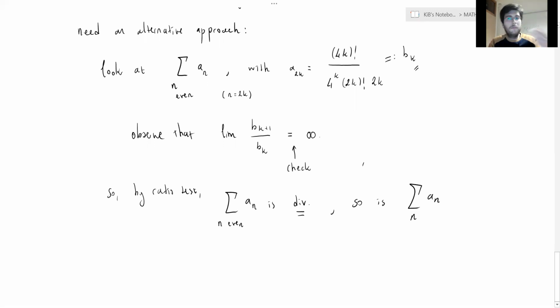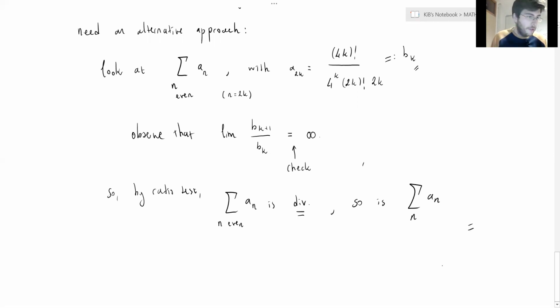Not just one part. We just showed that the part where your indices are even is divergent. Therefore, the whole series cannot be convergent. So the original series is divergent. Okay, so this is our conclusion.